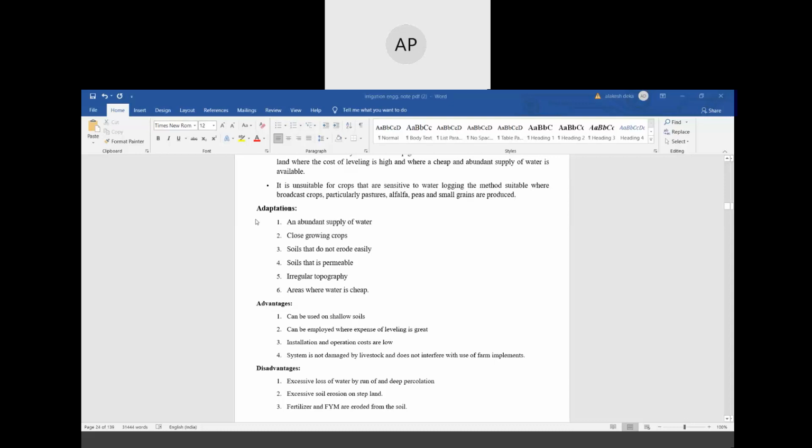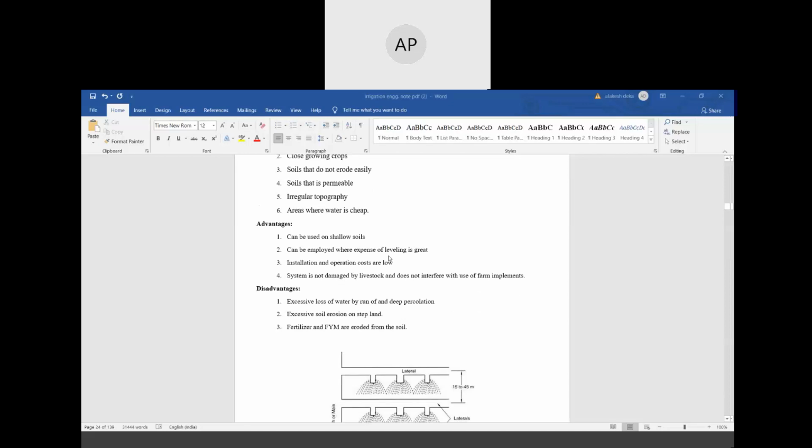Where flooding is adopted, an abundant supply of water is required: areas with a continuous supply of water, close growing crops, soils that do not erode easily, soil that is permeable, irregular topography, and areas where water is cheap.